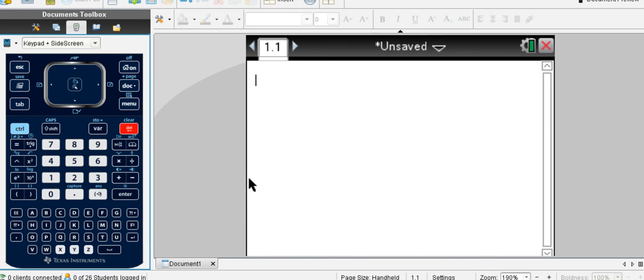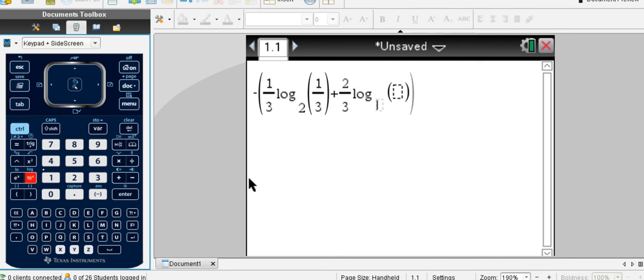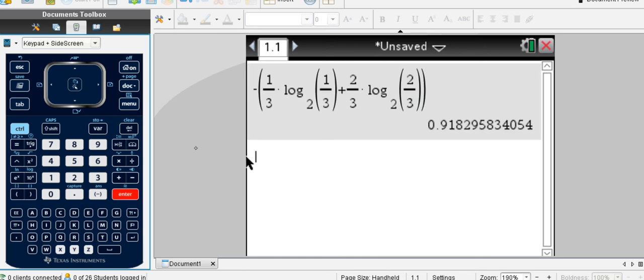We have the value was negative of a parentheses 1/3 times the logarithm base 2 of 1/3, and then we add 2/3 times the log base 2 of 2/3. And that's my diversity there.